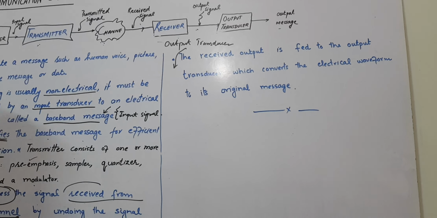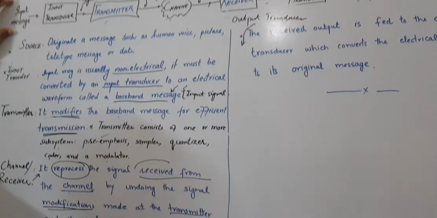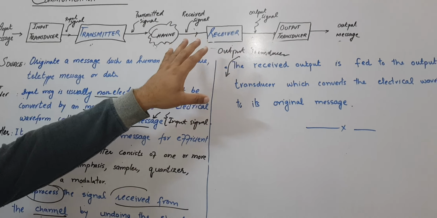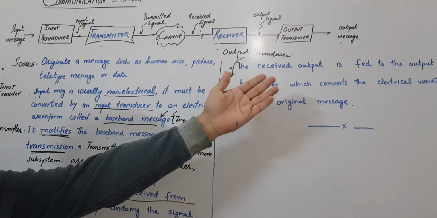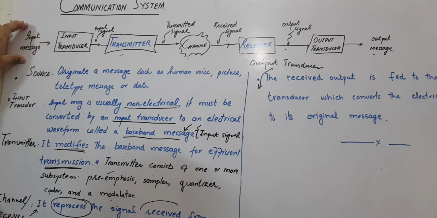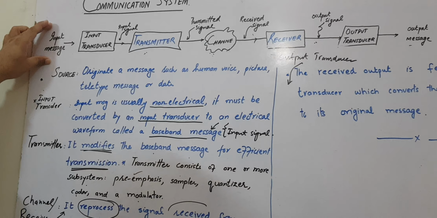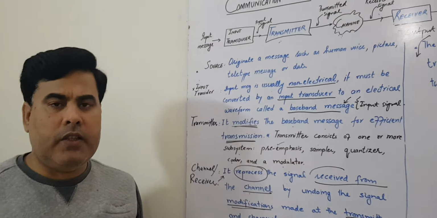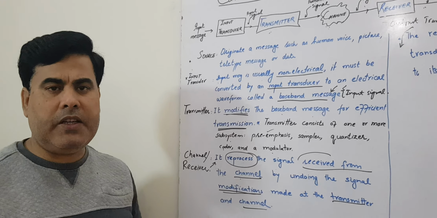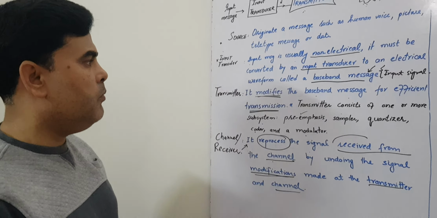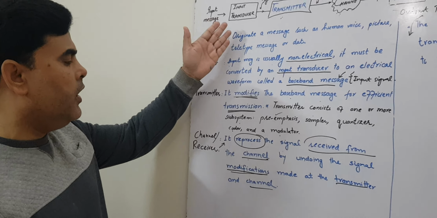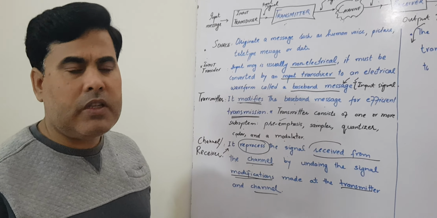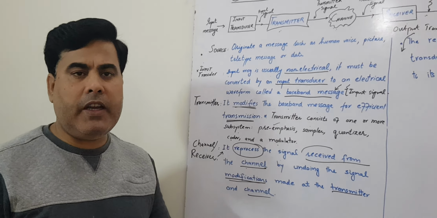In this way you are transporting your input message, which propagates through all these different basic blocks, and then at the destination you receive the same message that has been transported from the input system. That's all about the basic communication system that we have covered in today's lecture. I hope you mostly understood these basic blocks of the communication system. We will discuss all these blocks in more detail in our incoming lectures.